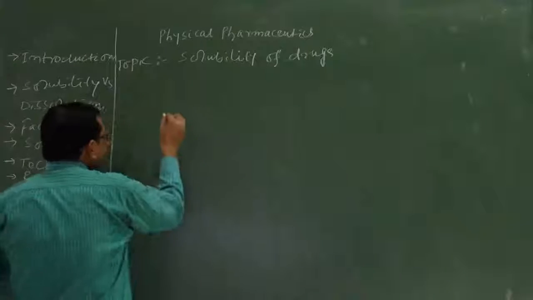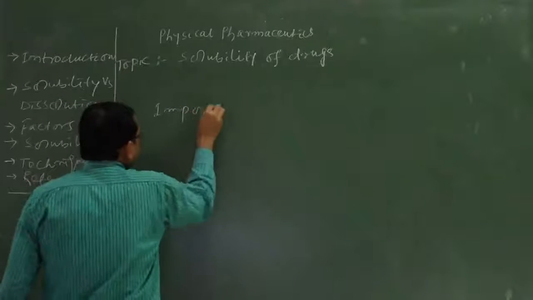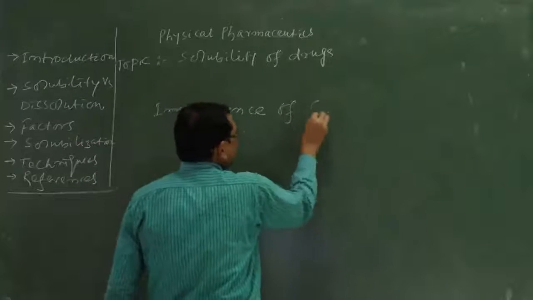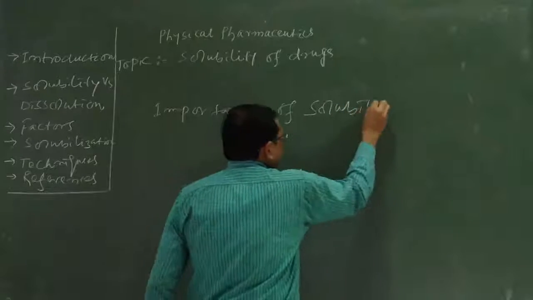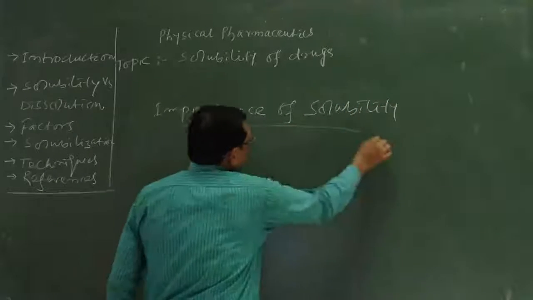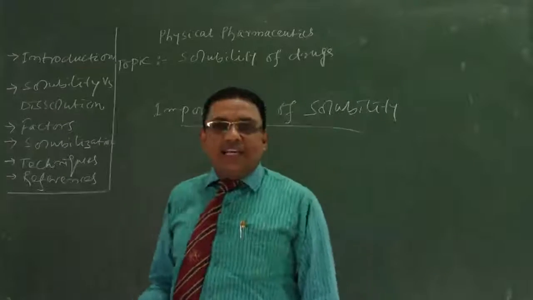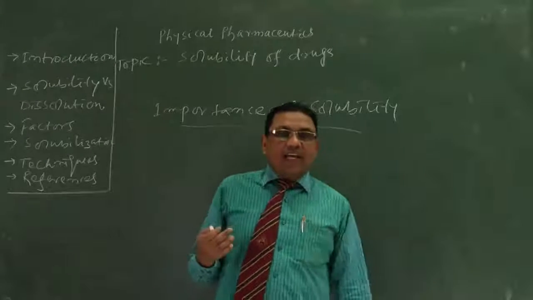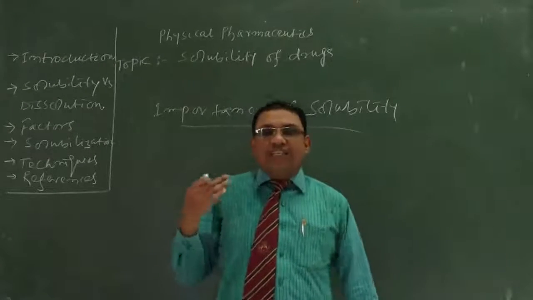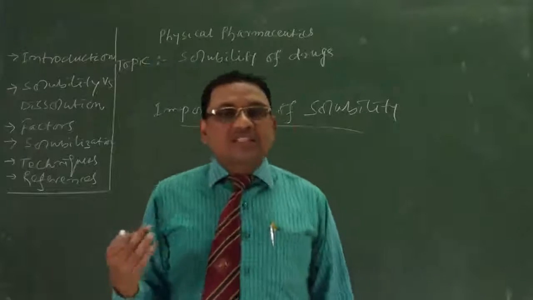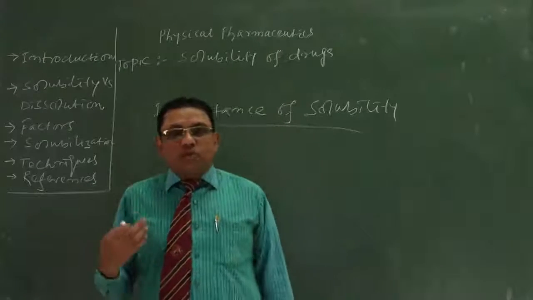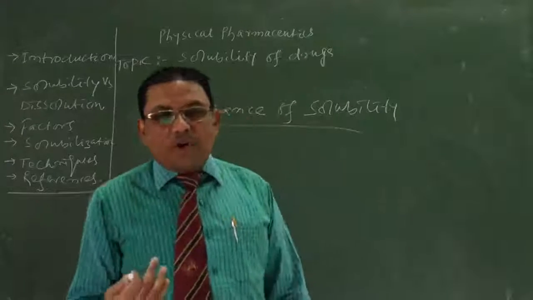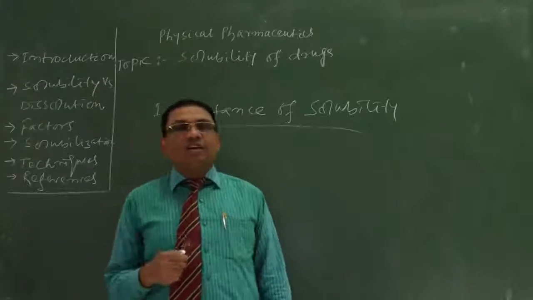In case of the importance of solubility, it is an important physicochemical property of the drug. It is an important parameter to achieve the desired concentration in systemic circulation. Solubility behavior of the drug is one of the important aspects of pre-formulation testing for poorly soluble drugs.